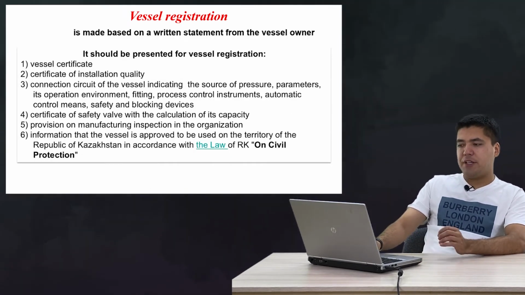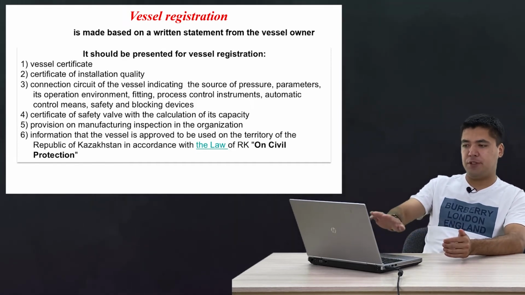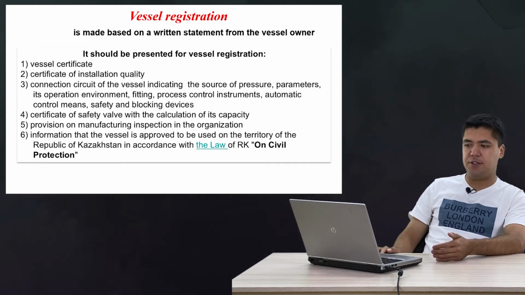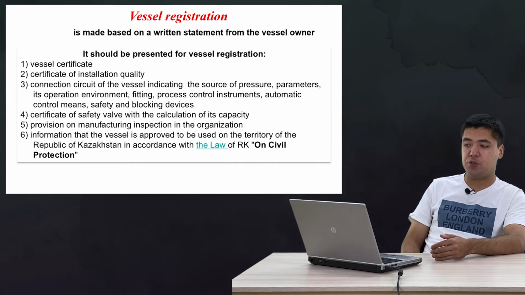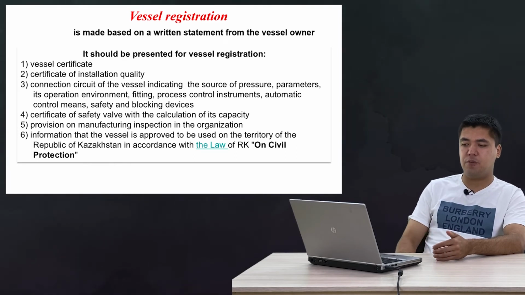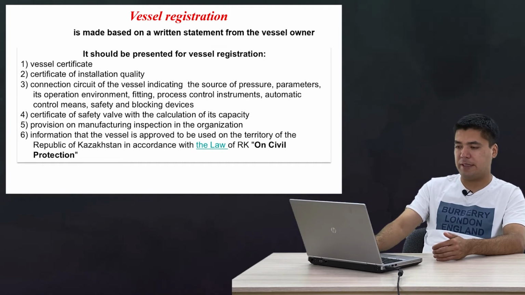And what documents do we need to prepare in order to register our vessels? Pay attention to the list: vessel certificate, certificate of installation quality, connection circuit of the vessel, certificate of safety valve, provisional manufacturing inspection, and information that the vessel is approved to be used on the territory of the Republic of Kazakhstan.